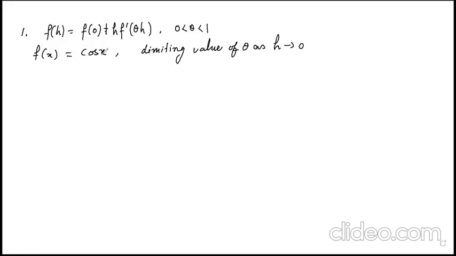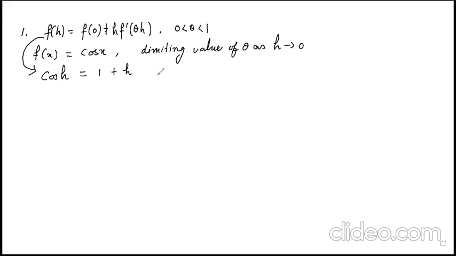So what is your f(x)? f(x) is given to us as cos x. So what about f(h) using this form? For the function f(x) equals cos x, it becomes cos h equals, cos 0 is 1, plus h f'(theta h). What is f'?